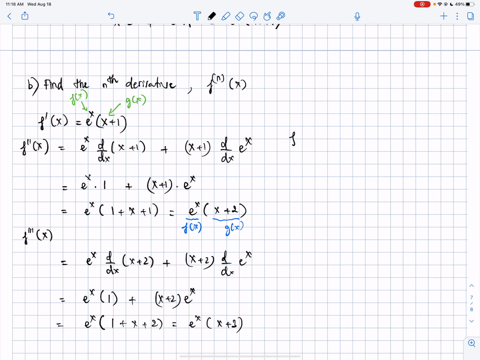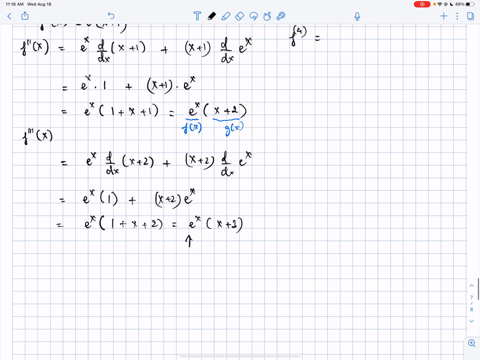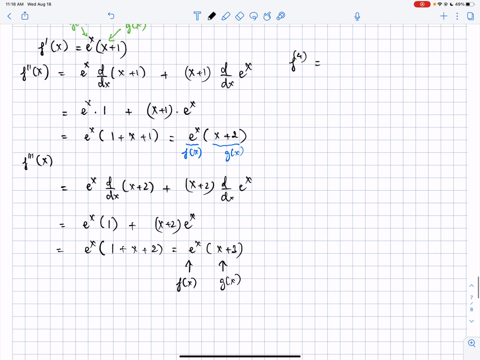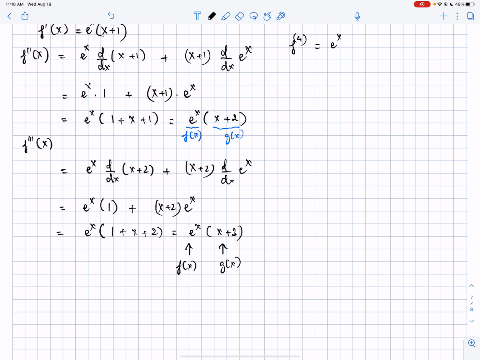Okay, now we do the last one. When we want to do the fourth derivative, this will become f of x, and this is g of x. Then we will have e to the x times the first derivative of x plus 3, plus x plus 3 times the first derivative of e to the x.